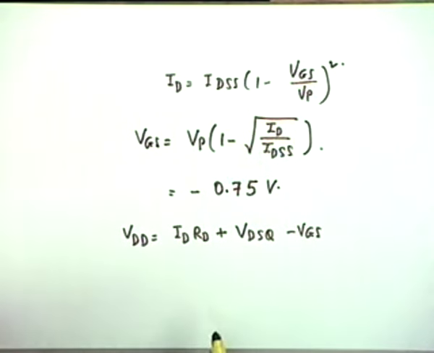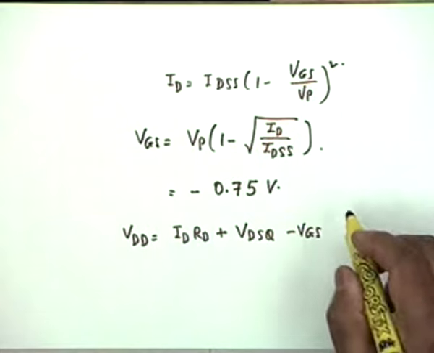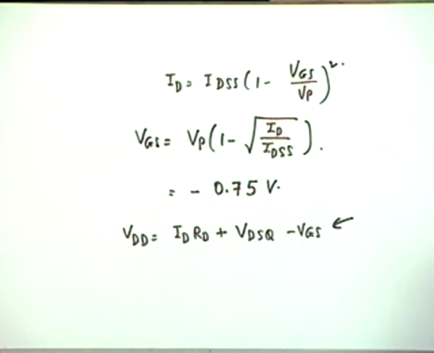Agree? Is this equation clear? We come from VDD, ID RD, VDSQ, then from source to ground via gate VSG, which is minus VGS.